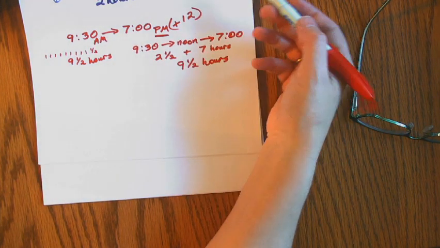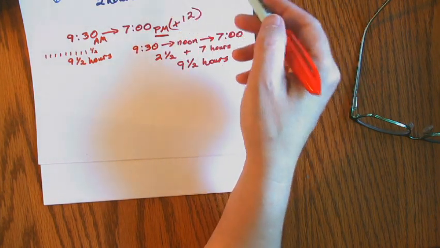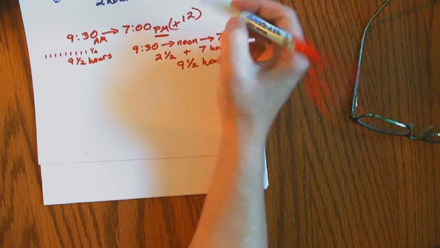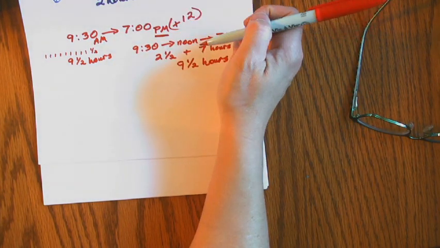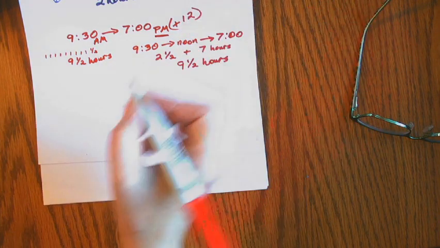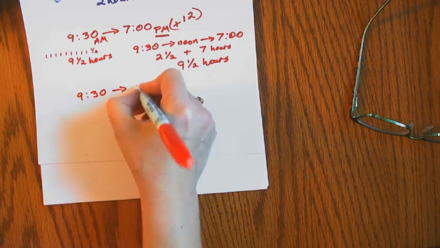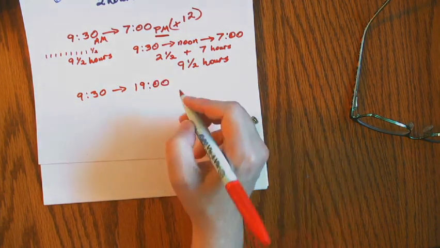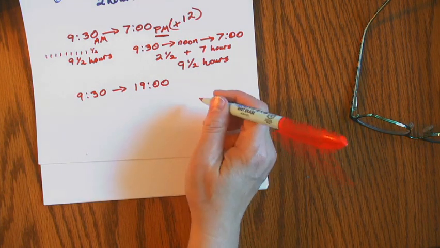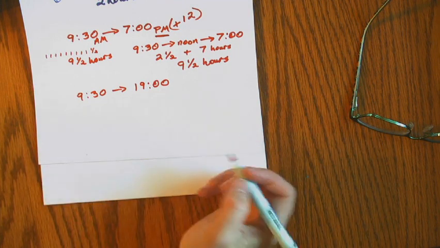So instead of starting over counting at 1, we get to 12 and then we just keep going, 13, 14, 15, and so on, which you can convert by adding 12. So we would take 7 p.m. plus 12, and we would think of that as traveling from 9:30 to 19 o'clock. We usually call it 1900 for some reason instead of 19 o'clock is how they tend to read that. But we can do it that way.